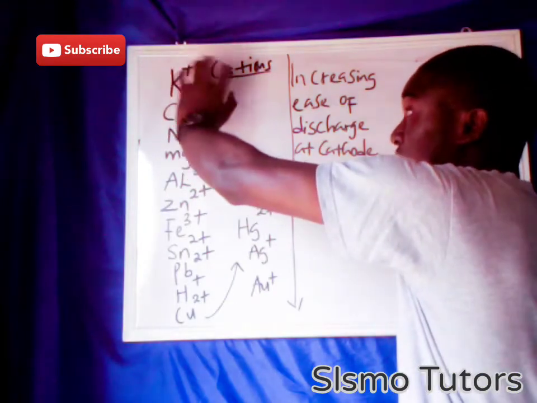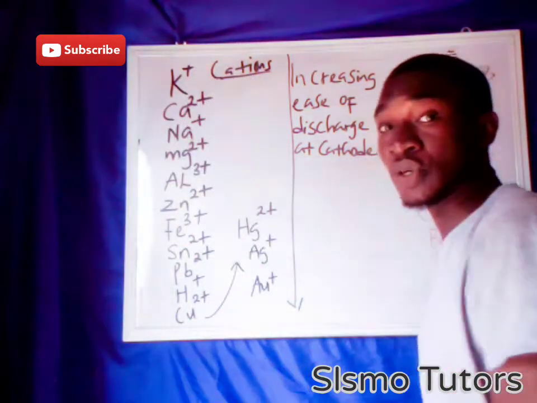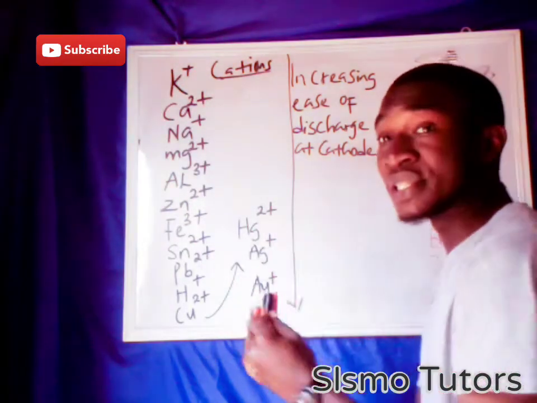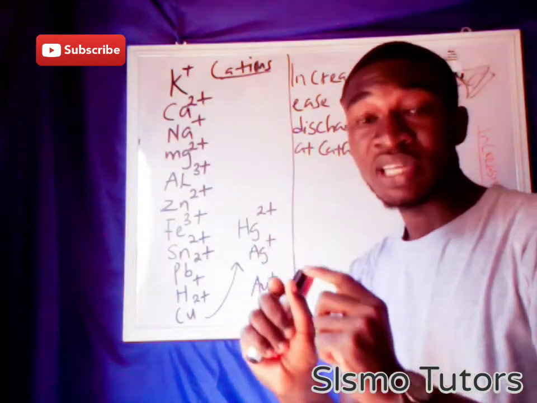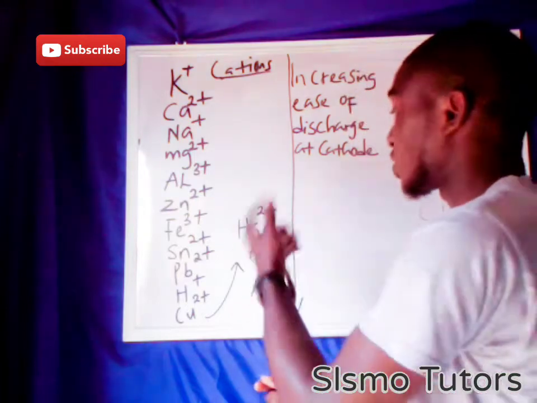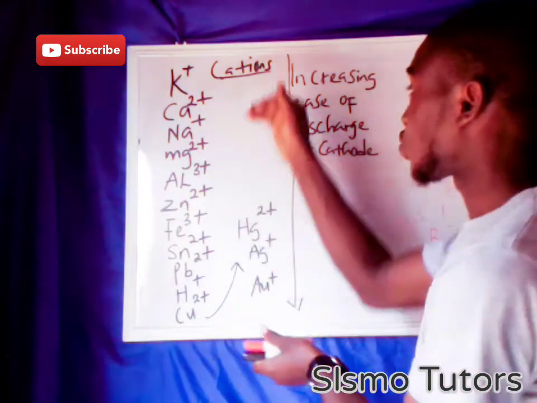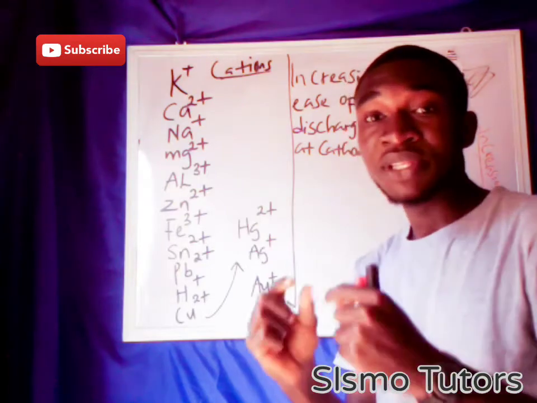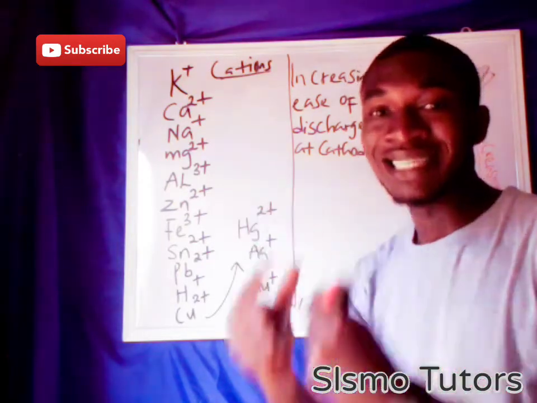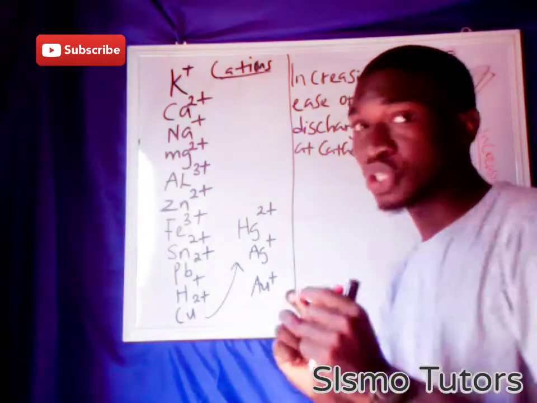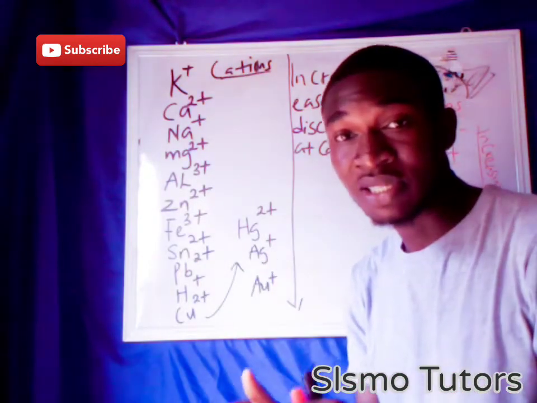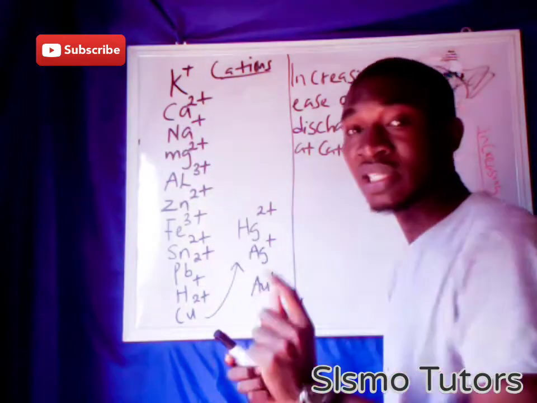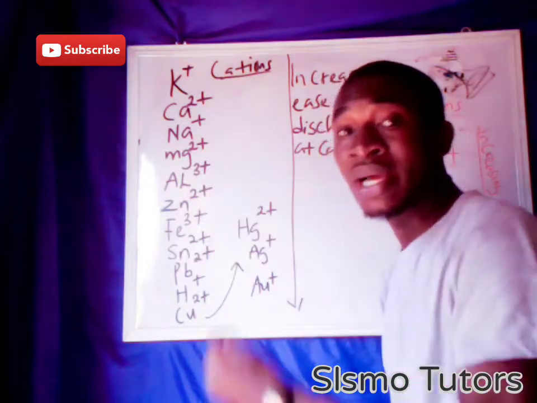Listed here is the electrochemical series of the cations. The position of these ions determines the ions that will be discharged at the cathode. As we are going down the group, electropositivity decreases while the ease at which the ion is discharged at the cathode increases.